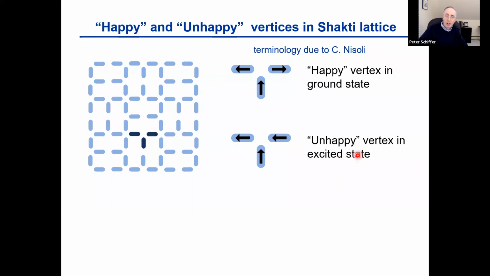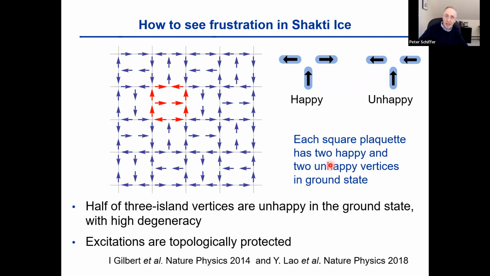Just to separate the ground state vertices from the excited state vertices, he called the ground state vertices the happy vertices, and the excited state vertices the unhappy vertices. That language stuck, so that's the language I'm going to use. Like I said, in the vertex frustrated lattices, you can't get every vertex into the ground state. In other words, you're forced to have some unhappy vertices.